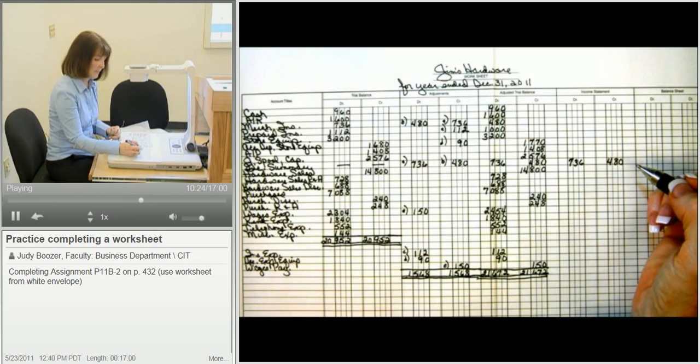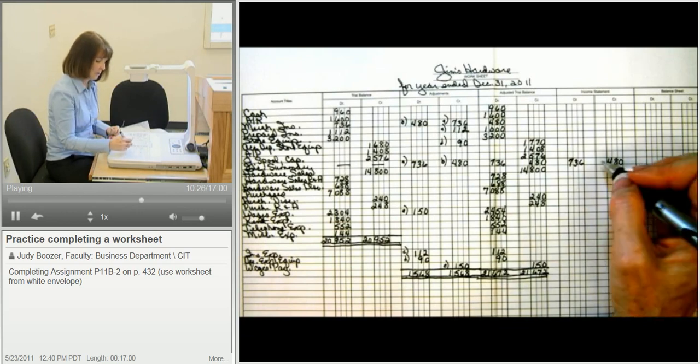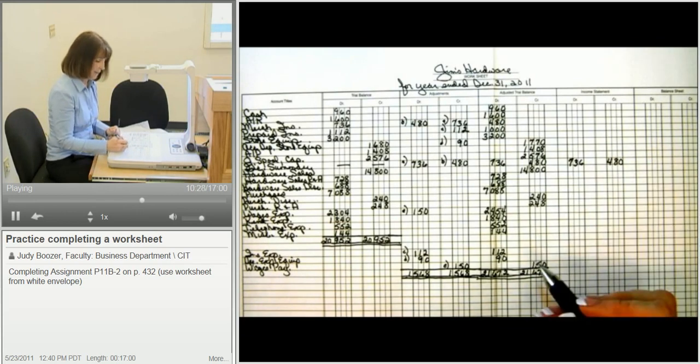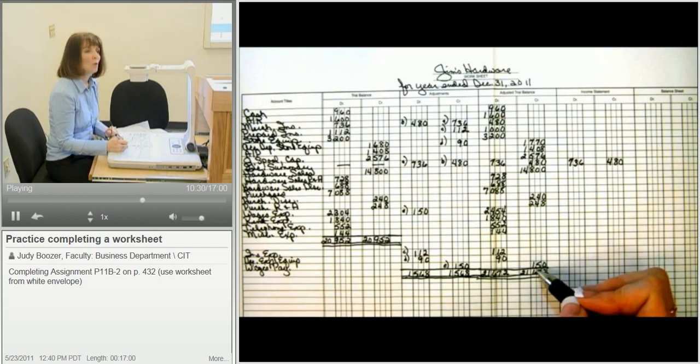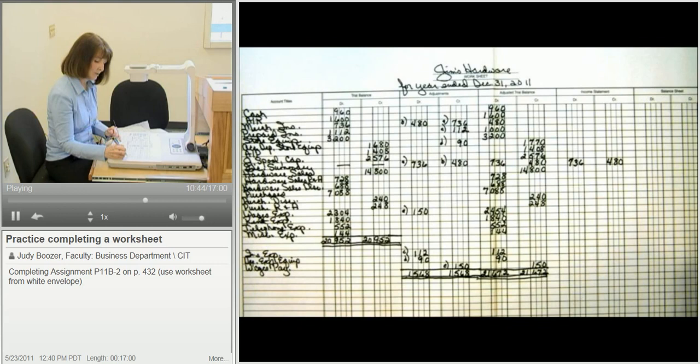And the rest of them, we're just coming on down, with the exception of wages payable. Does that go on the income statement? Where does it go? Balance sheet. So we don't forget, why don't we put it on the balance sheet right now? So on the balance sheet, that last one that we added, let's put it over on the balance sheet so we're not tempted to put it on the income statement. And then let's transfer over all of the others.